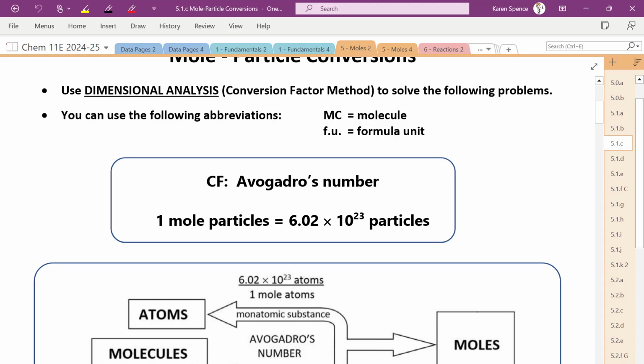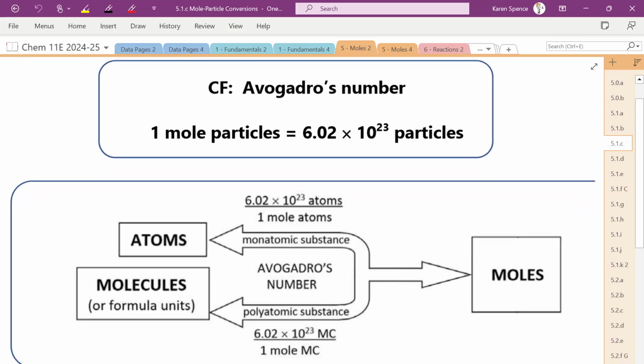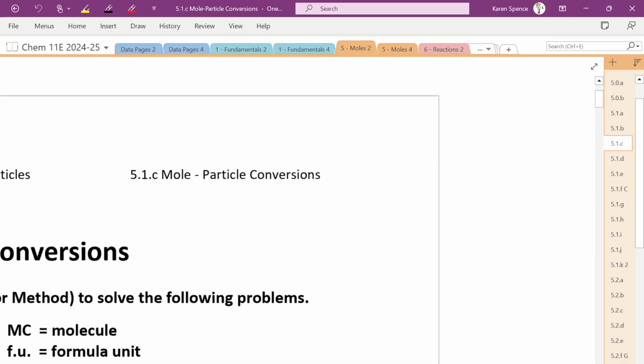One mole of particles is equal to 6.02 times 10 to the 23 particles. And so now you have a conversion factor.